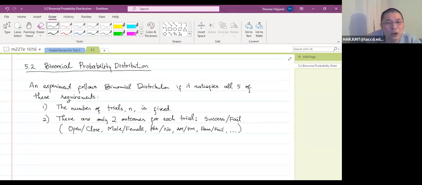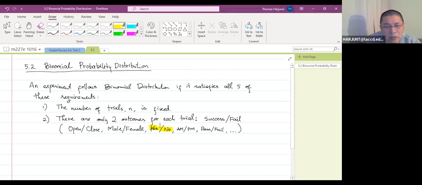In this binomial probability distribution, we call it binomial because each trial has only two possible outcomes. To be more precise, I think in the medium run, maybe in 5-10 years, instead of calling that success or fail, our textbook may call it success or not success, because in some cases like yes and no, it's not really binomial.